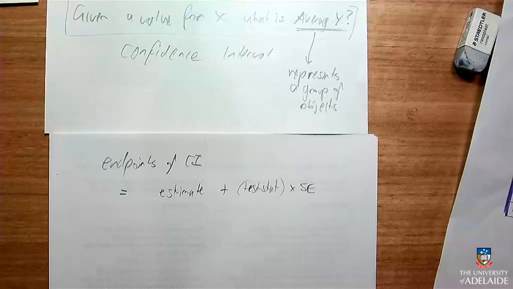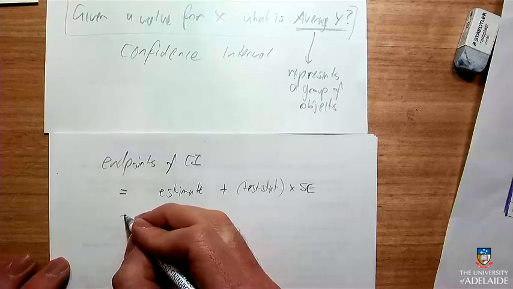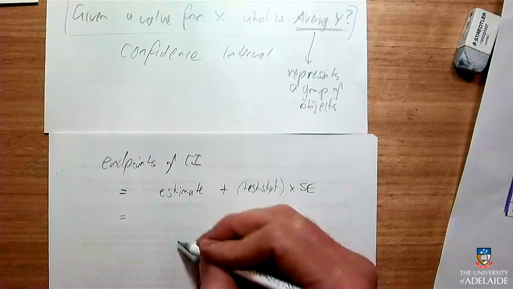That's always how it goes, or at least in these ones. Some very fancy statistical methods that do confidence intervals don't follow that pattern, but we're not going to get into that. So the estimate in our case is what I think it is at that point.